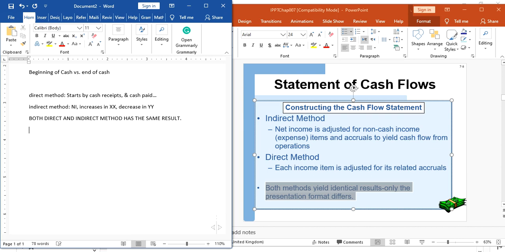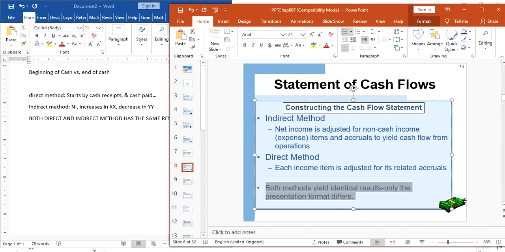Very important to always remember that. It is just different in the way of presenting these cash flows.